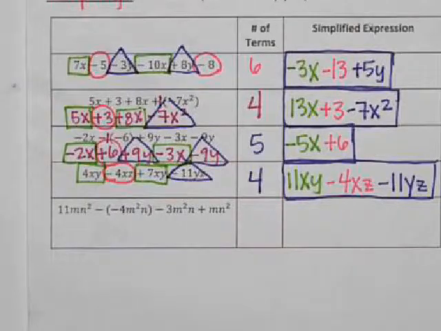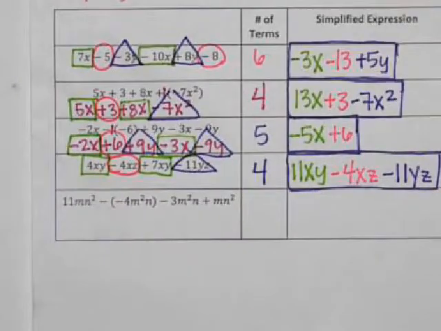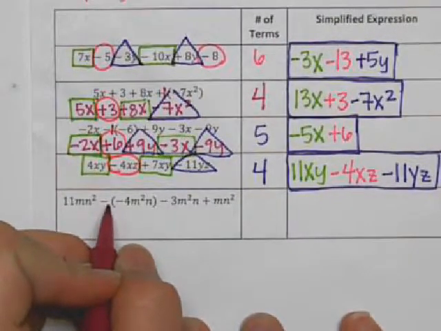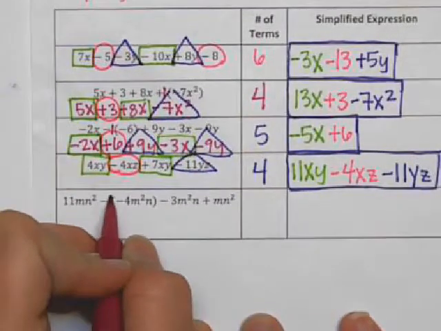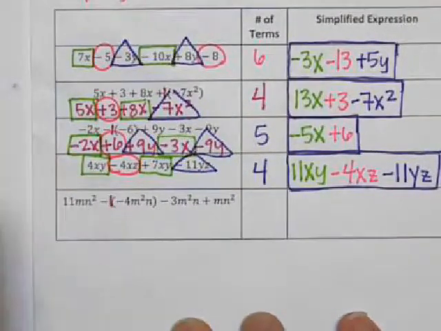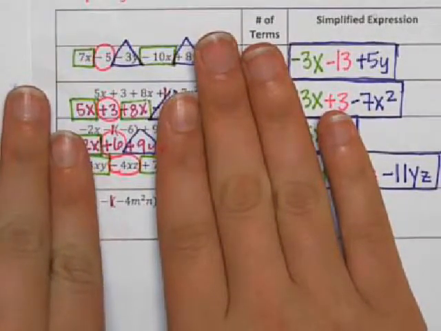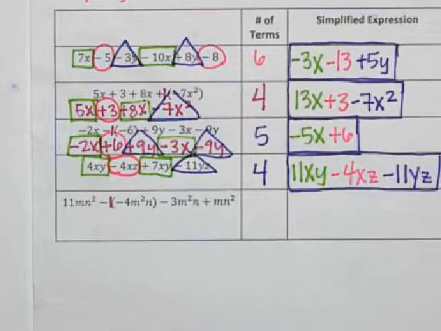Okay, last problem. I've got parentheses, so the first thing I need to do with these parentheses is multiply to get rid of them. Okay, so the number on the outside, there's not one. There's just a negative symbol on the outside. So I'm going to put a 1 here. And now, if I cover everything else up, it becomes -1 times -4.